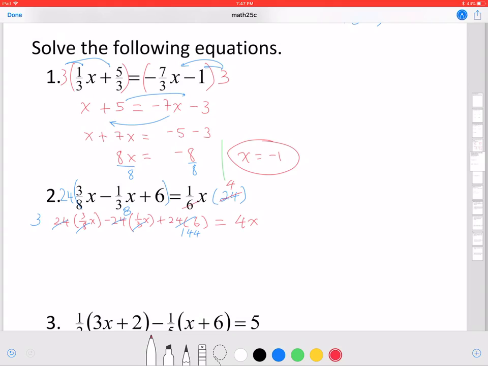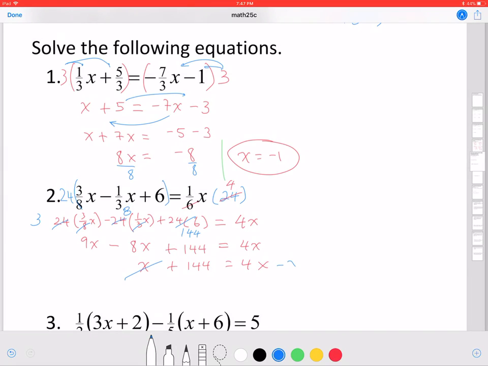All right, so let's see how this looks. Now we have 3 multiplying 3x, so that will give me 9x minus 8x plus 144 is equal to 4x. Again, that looks much, much better than our original problem. Let me clean up a little bit on the left-hand side. 9x minus 8x is just x.